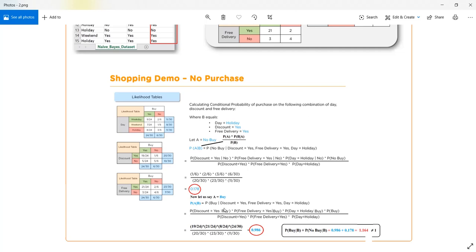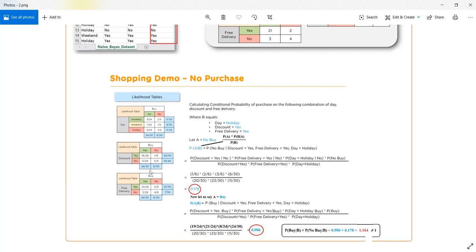Now let's calculate the probability of buy if the same condition is given for that day. What is going to happen? All right, I changed the event A from no buy to buy and put in this value, and did this calculation. Probability of discount is equal to yes and there is a buy is 9 by 24.